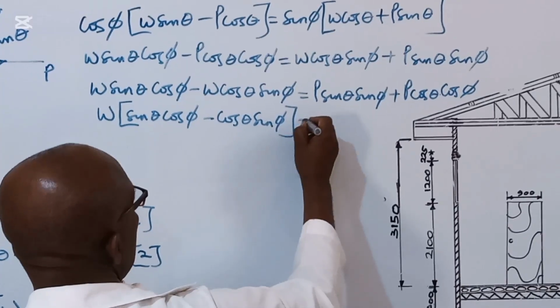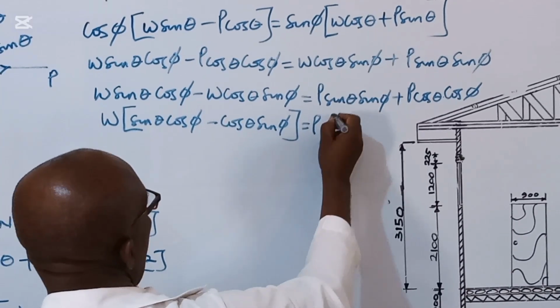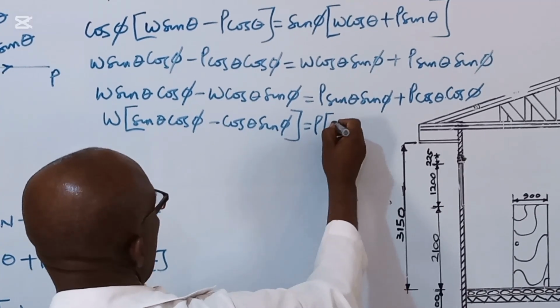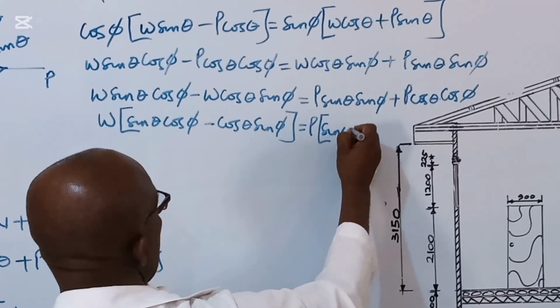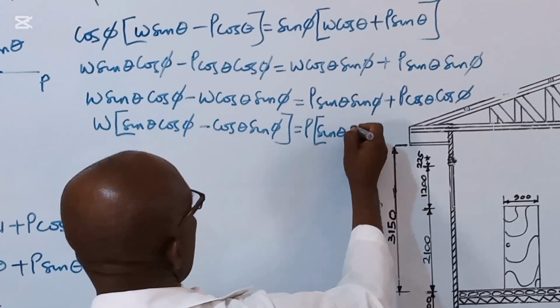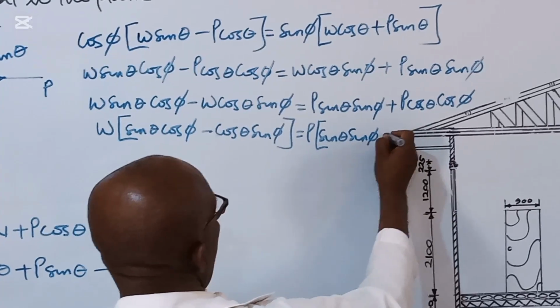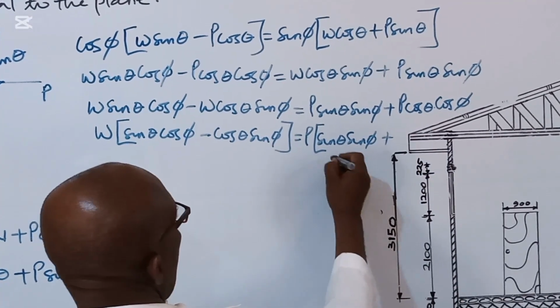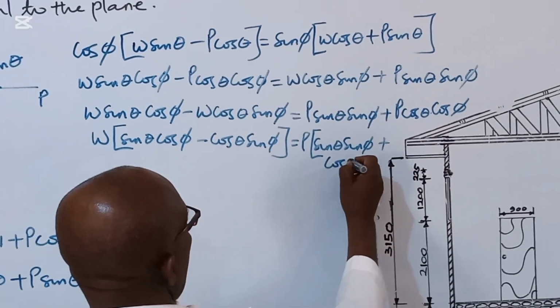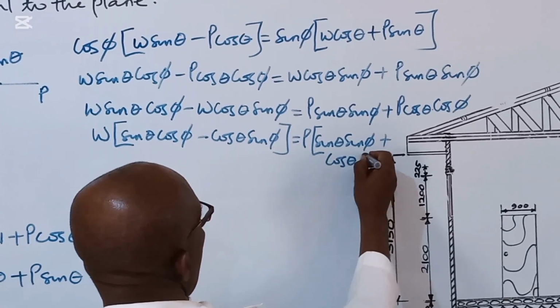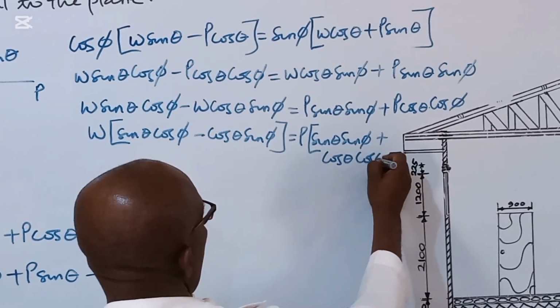Equals P open bracket sin theta sin phi plus cos theta cos phi.